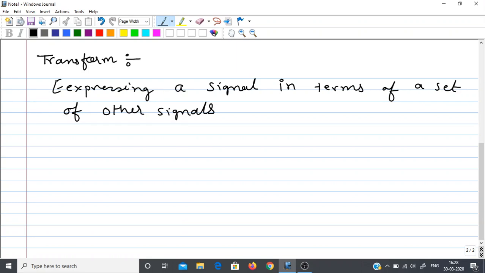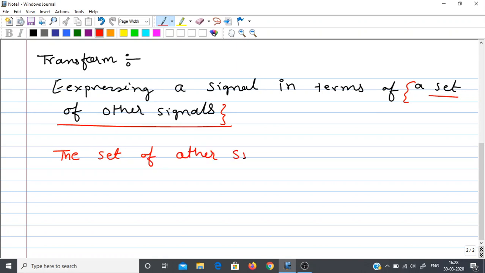And this set of other signals, this is very important, is called the basis. Other signals means the signals in terms of which a given signal is expressed.